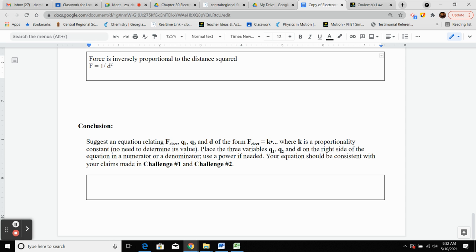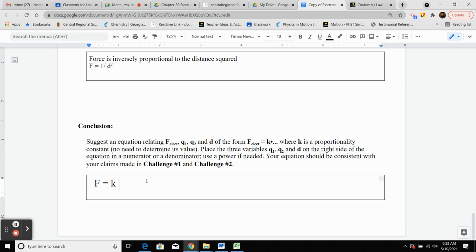So with all of that being said, suggest an equation that relates the force, the charges, and the distance in the form of: the force is equal to K, and K is the proportionality constant for Coulomb's law. We don't need to worry about that value. So this is how our equation should start off.